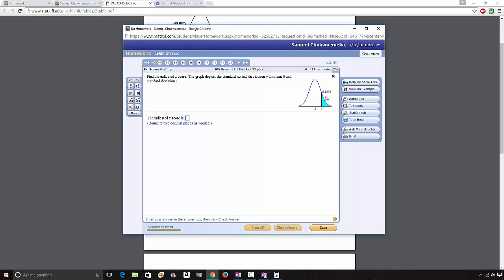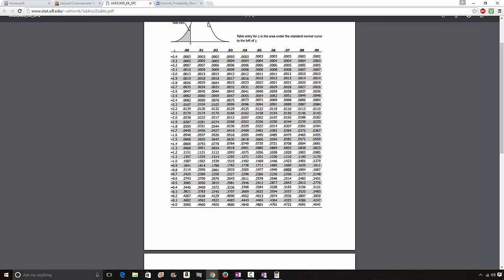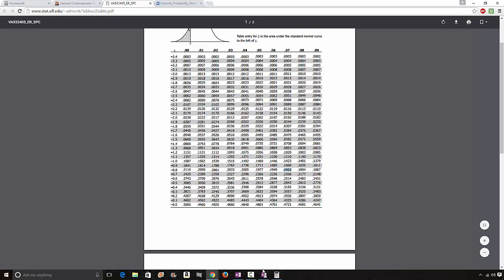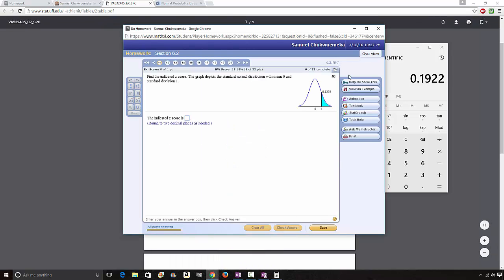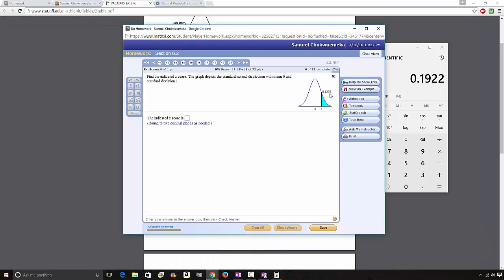Question 11, they gave us this area to the right. So let us go ahead and subtract it from 1 so we can get the area to the left, then we find the z-score, because we are using the table to the left. So this is going to be 1 minus 0.1292.